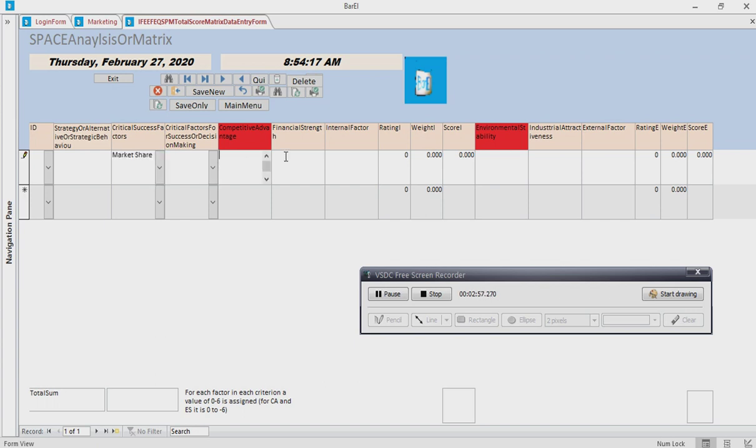And the rating, let us say, is -6 with a weight of 0.8.